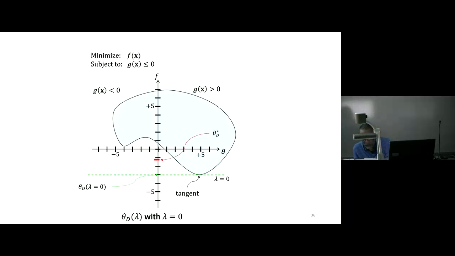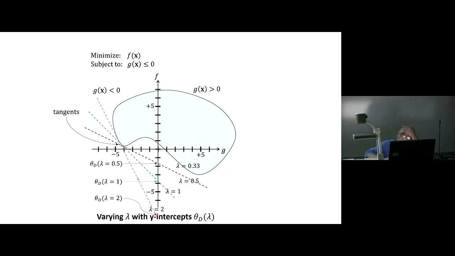So we need to take a tangent at the maximum value of lambda? No, from below, we just take a tangent, wherever it's tangent, and we read off the y-axis. That gives us theta d lambda.